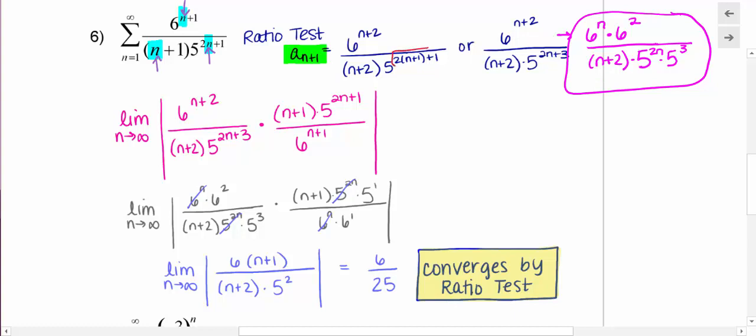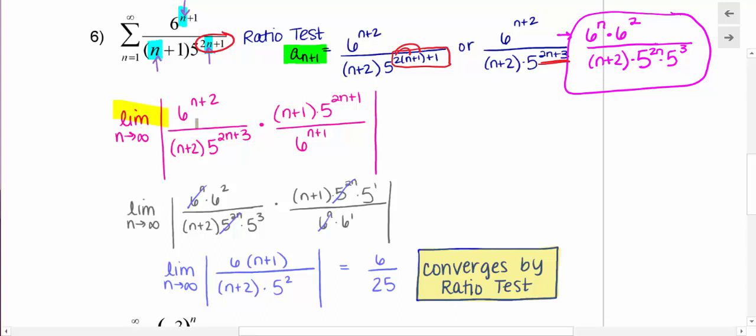So I showed it right here so you could get an idea of why there's a common error. We like to say that it's 5 to the 2n plus 2 or something, because we like to think we're just adding 1. But again, you're substituting in n plus 1 for n. So you do have to distribute that 2, and so that's why it becomes 2n plus 3 as an exponent.